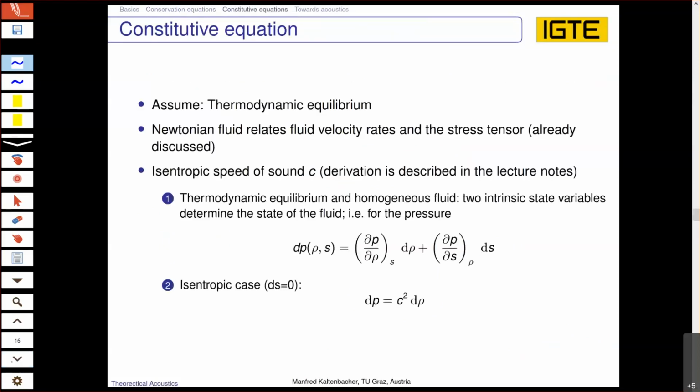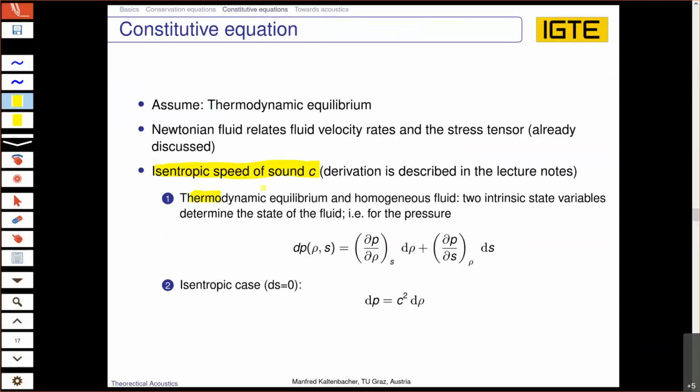Okay, and that is now the very important second constitutive equation we also need in fluid dynamics, to get a relation between the pressure and the density. We will still consider isentropic fluids, and there the speed of sound comes in.